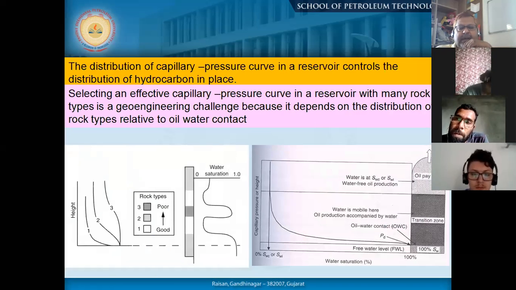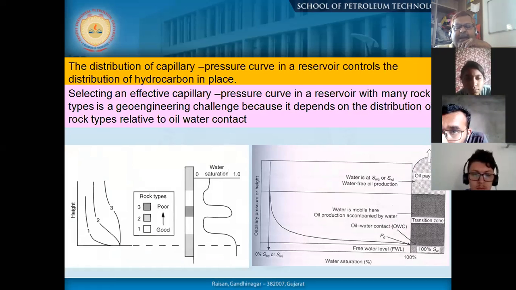Okay, so now these are a few questions I actually put. If I just put this diagram and ask you how you are evaluating your reservoir, which reservoir is good and which reservoir is bad in terms of production performance, these graphs only, on the left side. Different formations are there and graphs are there.